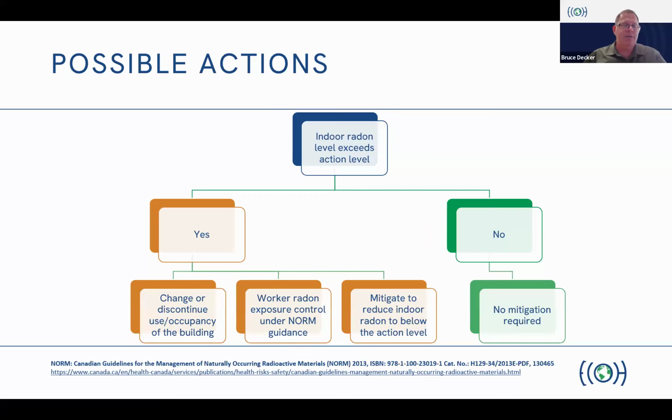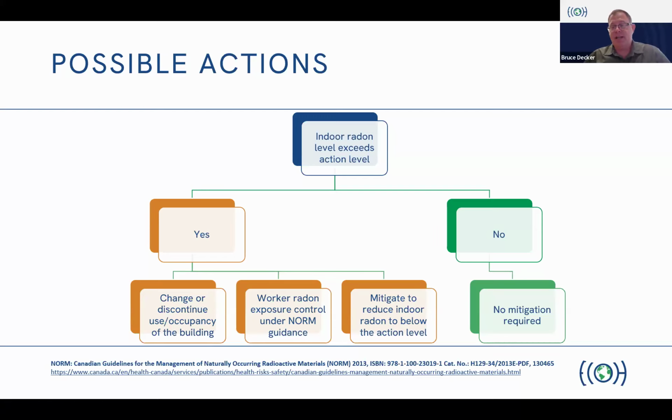The other one is worker exposure control, and that would be done through the NORM guidance, which is naturally occurring radioactive material, which is in, you guessed it, webinar number 2. But basically that would be similar to having your commercial workers at the office wear radon dosimeters, like if they were working at a nuclear power plant. Very administratively heavy. That's something you don't want to get into.